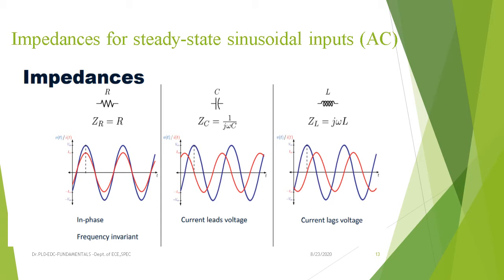What are the different reactances? One is capacitive reactance and the other is inductive reactance. In general, we represent them as capital X suffix L, the inductive reactance, and capital X suffix C, the capacitive reactance. So the resistance and reactance combination is termed as impedance.